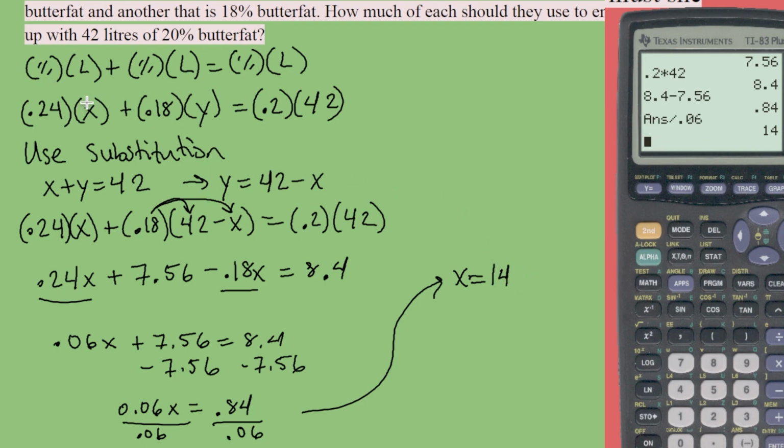And the units here, x, was in liters, so 14 liters. And don't forget, the question is asking how much of each should they use. So we know that x is 14. Now what is y? We said y was 42 minus x. Y is 42 minus 14. So y is 28 liters.